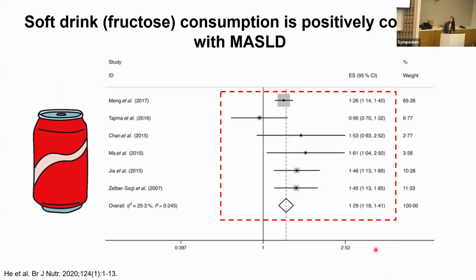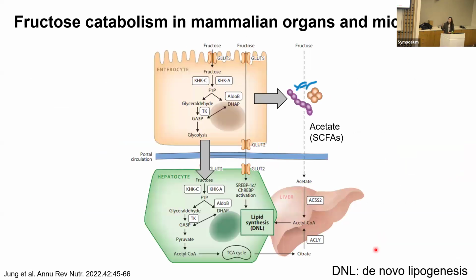Okay. The excessive consumption of sugar, which is high fructose syrup, in liquid form, like soda or juice, is positively correlated with fatty liver. Its toxic effects are related to its catabolism.